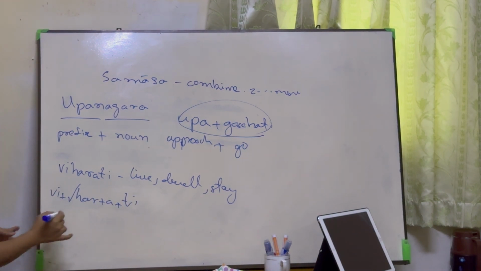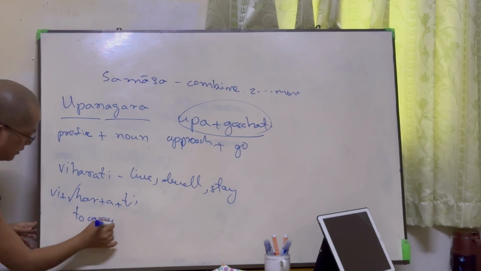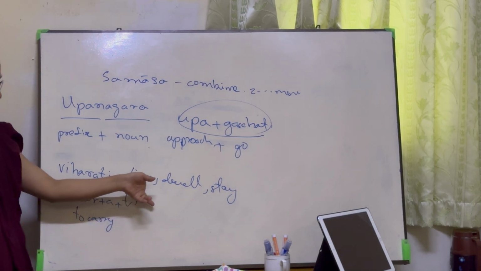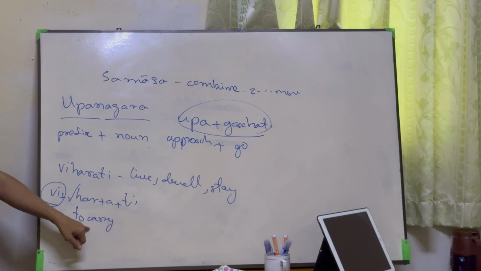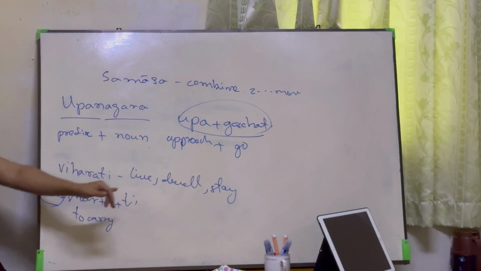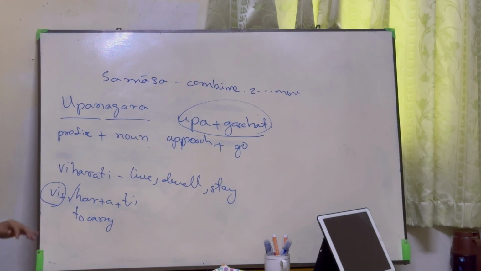Ha means to carry. But why here does the meaning change to live, dwell, stay? Because of the we. At that time, this we changes to another meaning. Therefore, we translated it live, dwell, stay.